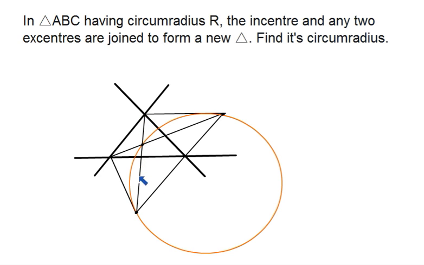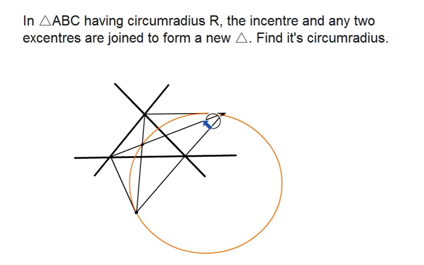This internal bisector, this external bisector, and this external bisector will be meeting at one excentre, and this internal bisector, this external bisector, and this external bisector are going to meet at the other excentre. So these are the two excentres, and this is one incentre, so they are joined to form a new triangle. This is the new triangle which we are talking about.